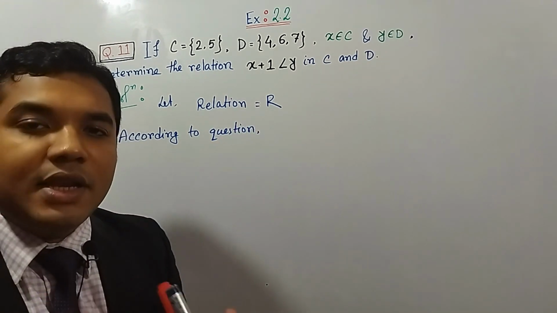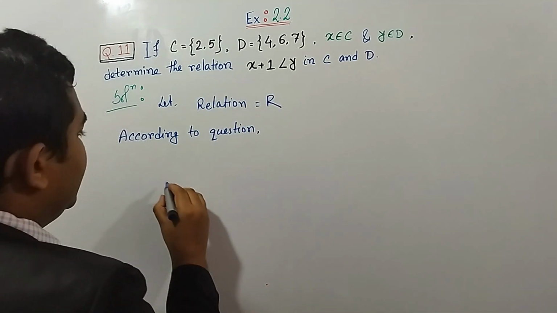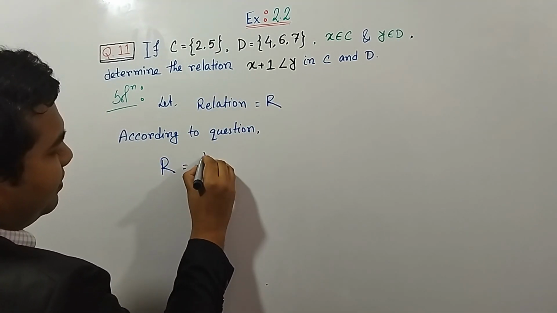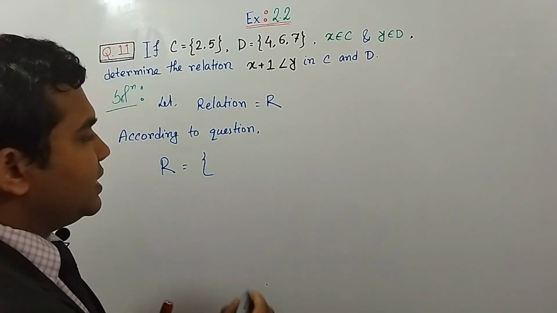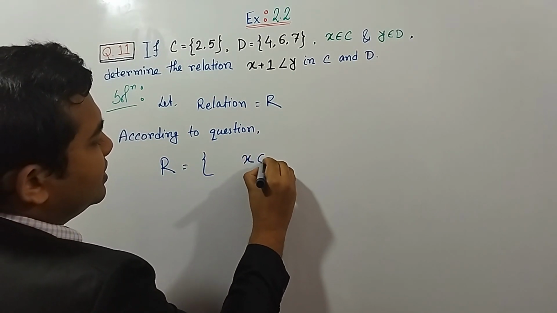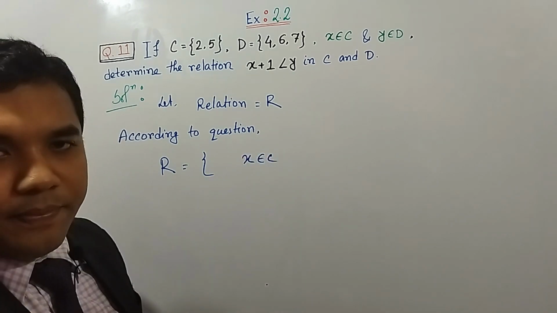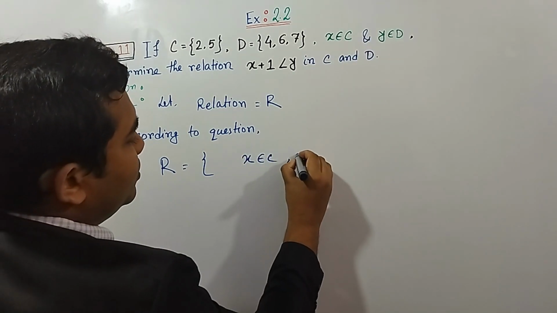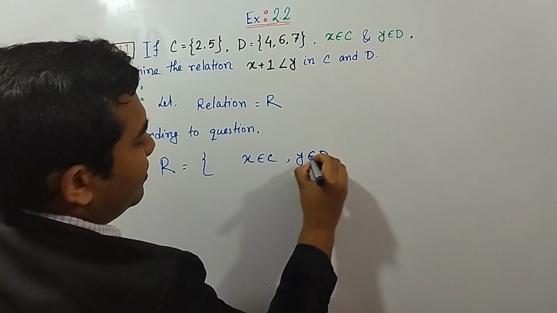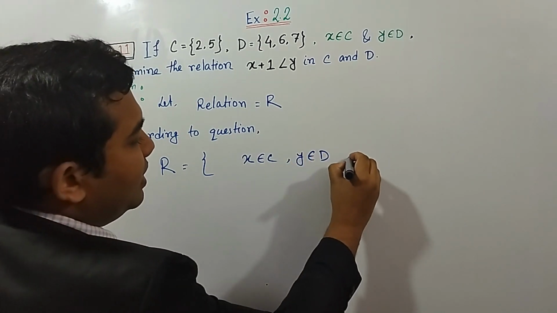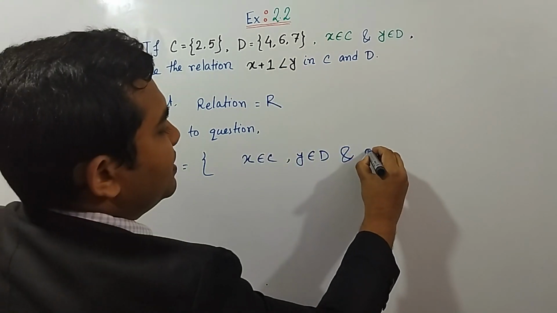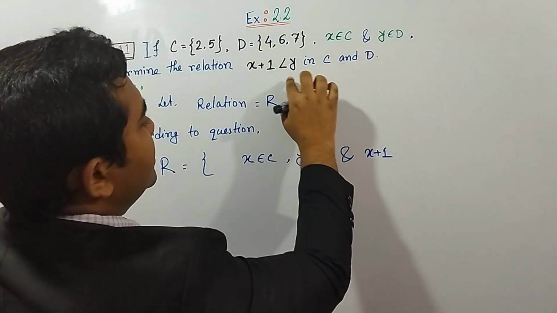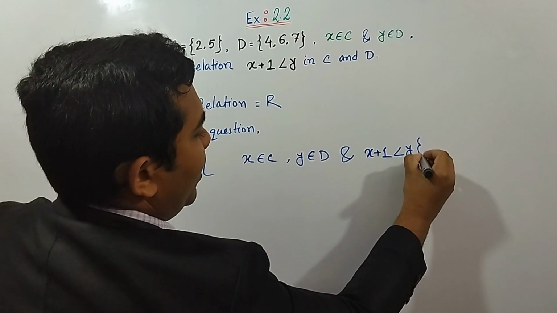What is actually given in our question? In our question, the relation looks like x belongs to C and y belongs to D, and a special relation is given, that is x + 1 < y.